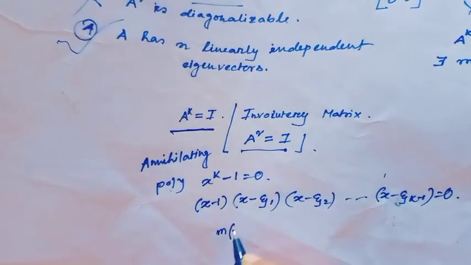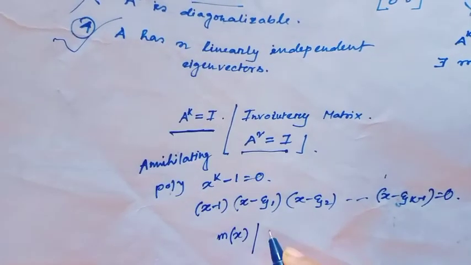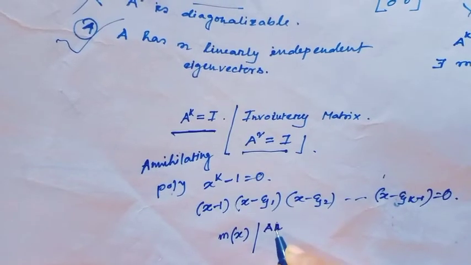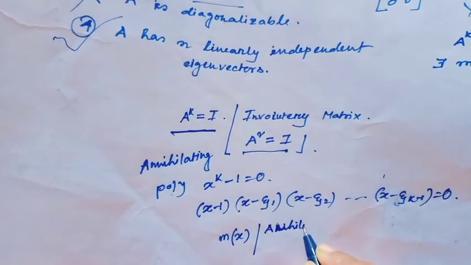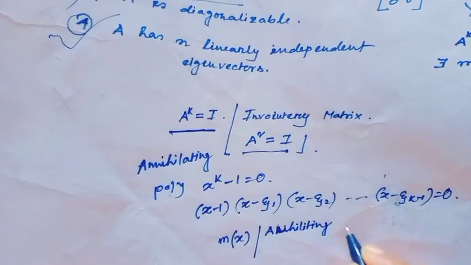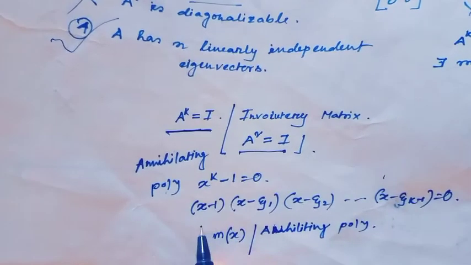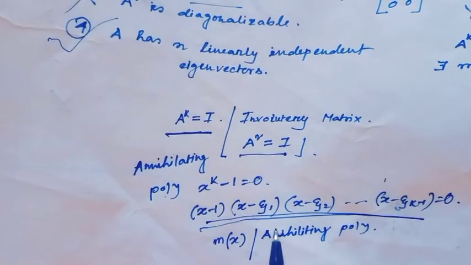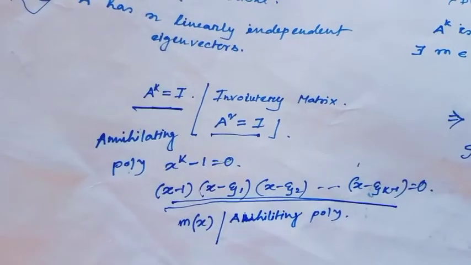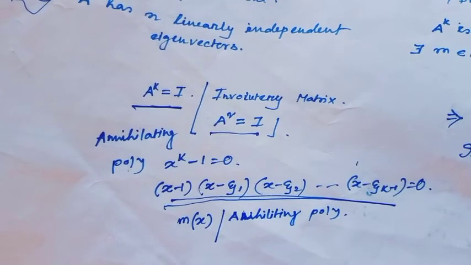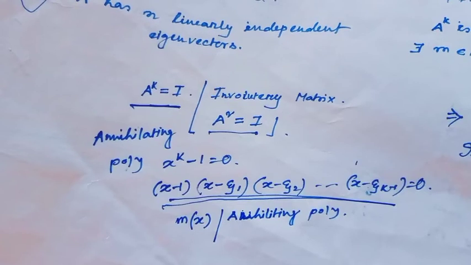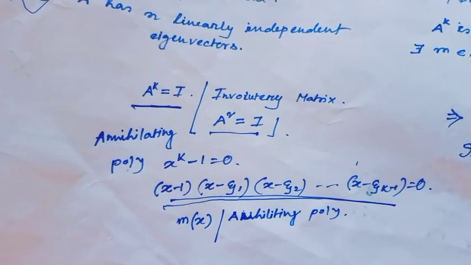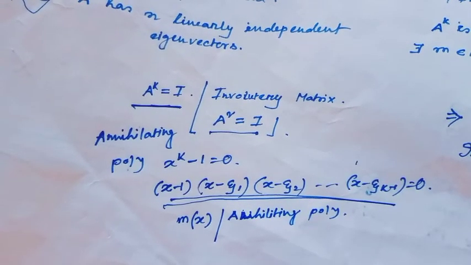We all know the minimal polynomial always divides the annihilating polynomial. And notice here all are linear factors. So the minimal polynomial would be either x minus 1, or (x minus 1)(x minus j1), or (x minus j1), or (x minus j1)(x minus j2), and so on. The minimal polynomial here is always a product of linear factors.